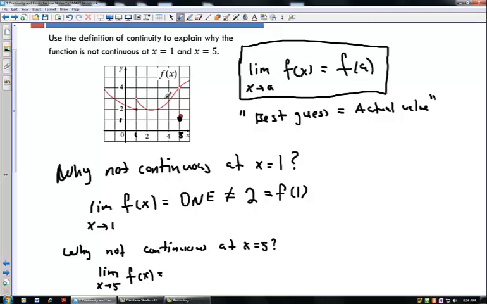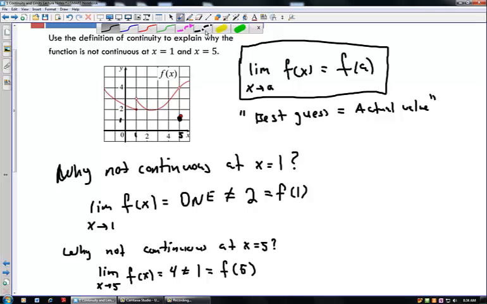In the last problem we saw from the left it goes to 4 and from the right it goes to 4. So the limit as you go to 5 is the height 4. But this is certainly not equal to the actual height, which was 1, that is f of 5. So it does not satisfy this definition. That's really why it's not continuous there.